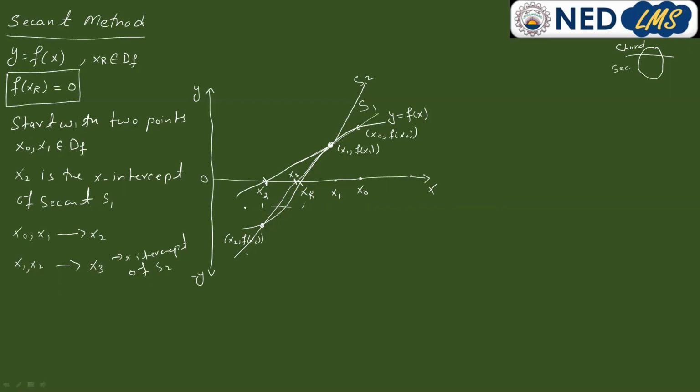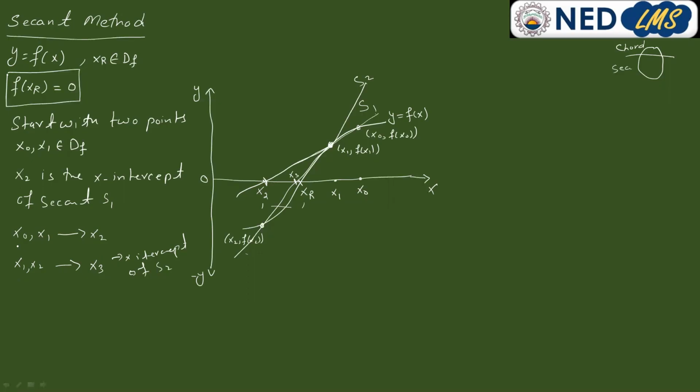Similarly, now what should I discard? When I used x naught, x1, I got x2. So in the next iteration, I discarded x naught and used x1, x2. I have got x3, which is this point, but I think there is still some error. I need to do one more iteration. So what should I do in sequence? I will discard the lowest index.